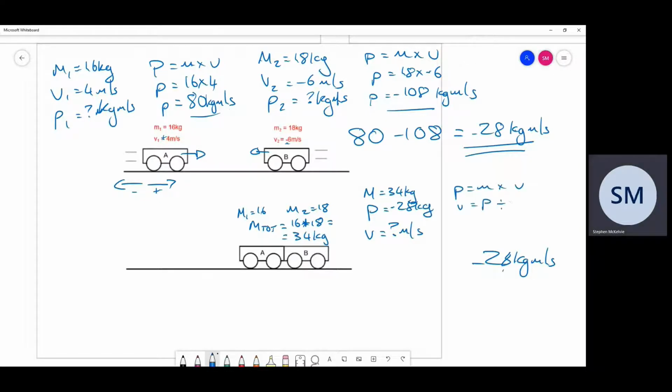Velocity is equal to momentum divided by mass. Velocity will equal minus 28 divided by 34. Velocity will be minus 0.82 meters per second. So this object is going to be going in the negative direction at 0.82 meters per second.